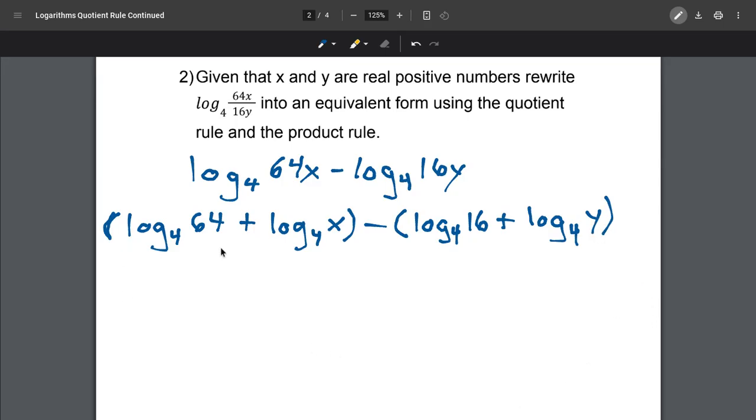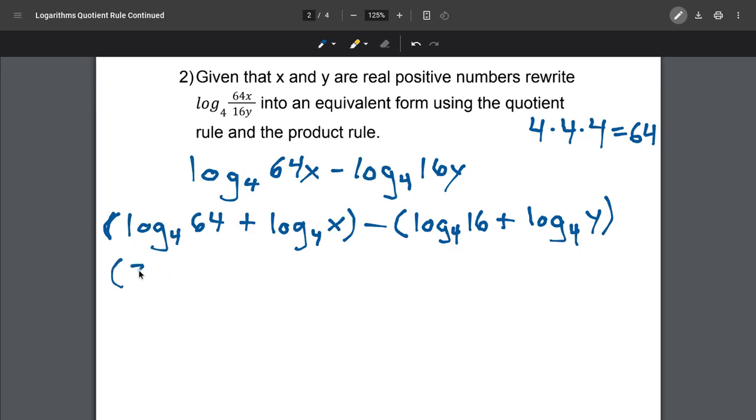Now we want to look at log base 4 of 64. Well, if I multiply 4 times 4 times 4, that equals 64. So notice we have 1, 2, 3 4s here. So log base 4 of 64 is going to be 3.